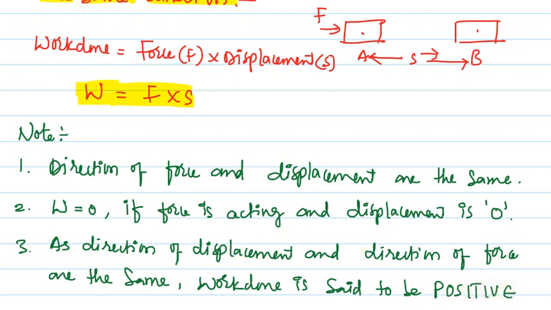This is very, very important, children. Let me highlight this. Here, work done is positive. When it is positive, the direction of force and direction of displacement are the same. Then the expression is W is equal to F into S, right?